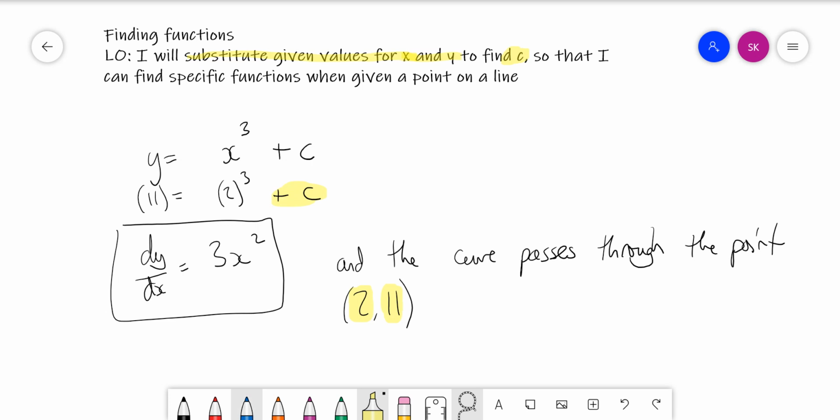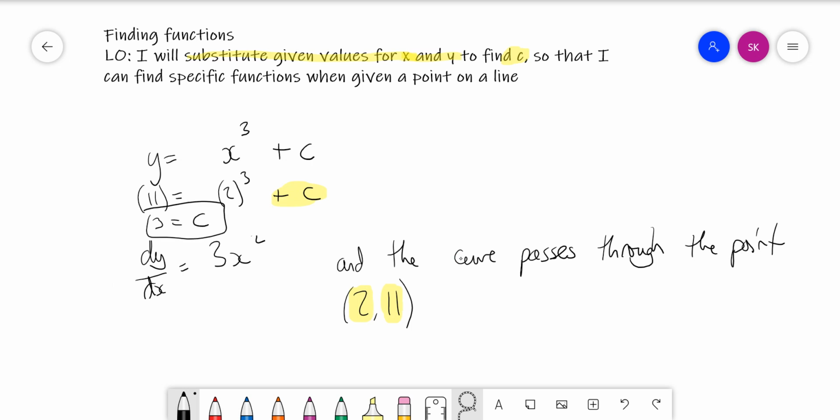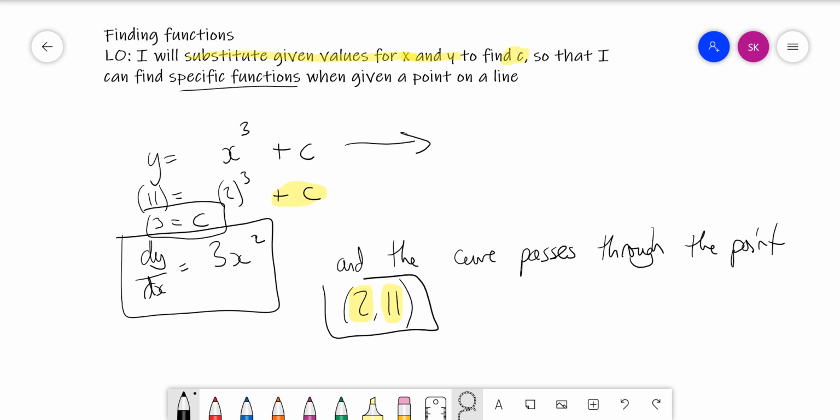When I do this, in this particular instance, I'm going to get 11 minus 8, so c will be equal to 3. And now I can say a specific function which has a first derivative of this and goes through this point, the specific function is y equals x cubed plus 3.